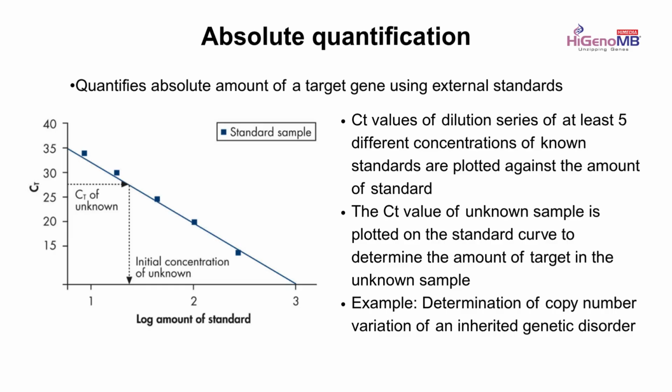So if a patient is undergoing a treatment and the doctor wants to know if this treatment is working, he wants to know if the viral infection that he is treating is decreasing as he gives the treatment. So for this, he will do an absolute quantification assay, or the lab will do an absolute quantification assay to identify how the viral load is decreasing upon the success of the treatment.